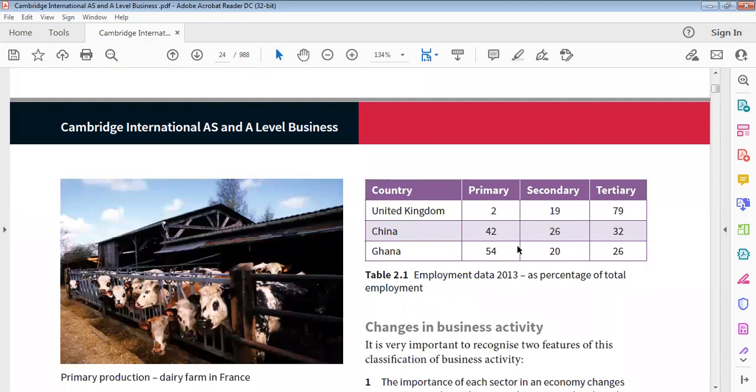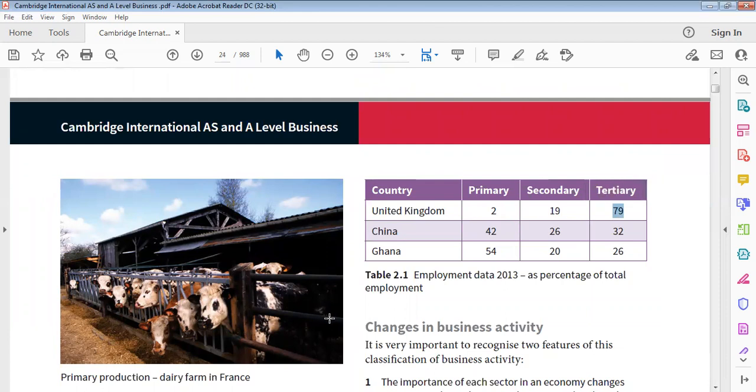This is actually displayed in this diagram here. In the United Kingdom, this shows the employment data, what percent of total employment is allocated in each sector. As you can guess, in the United Kingdom only very few people are employed in the primary sector, a bit more in the secondary, but the highest is in the tertiary.